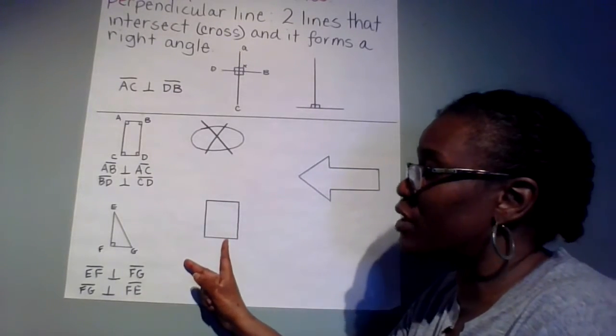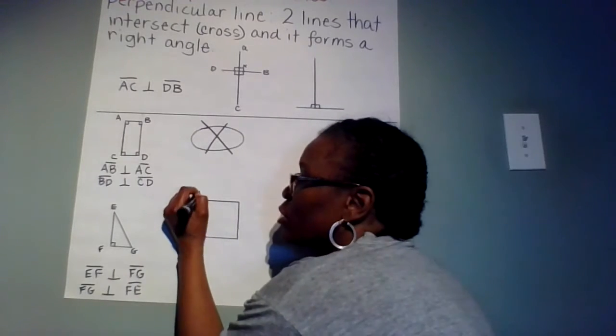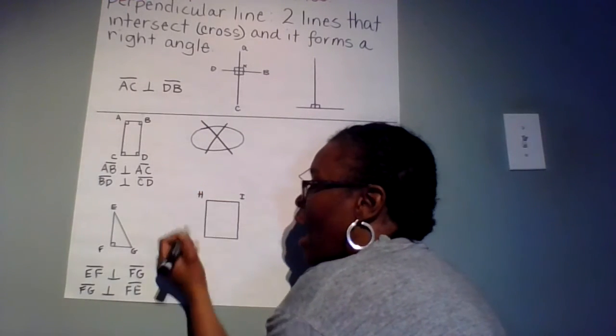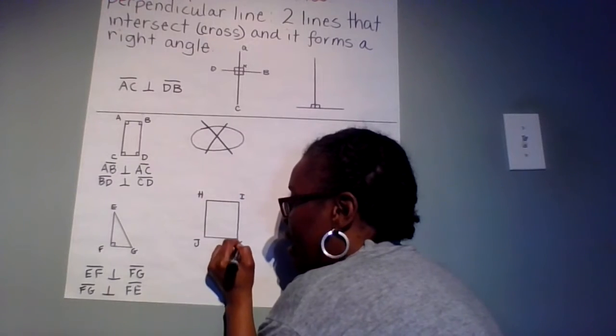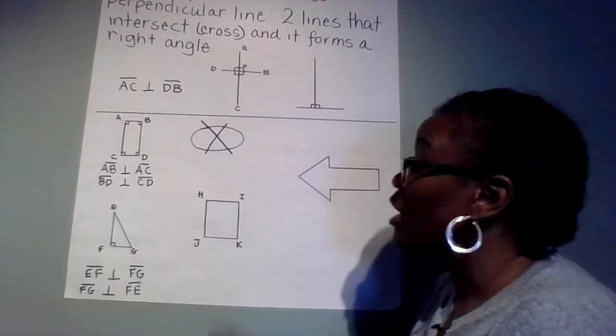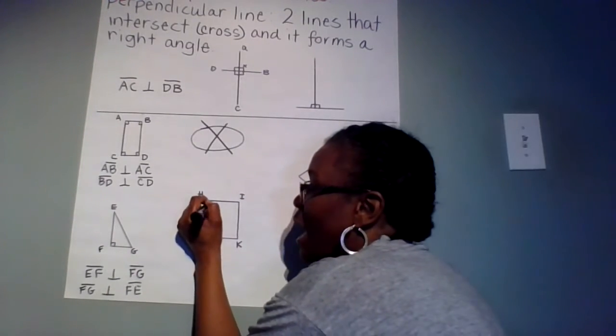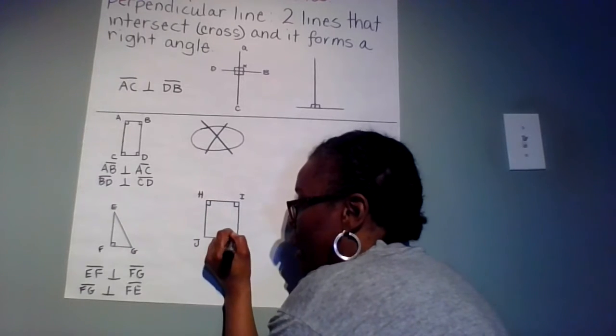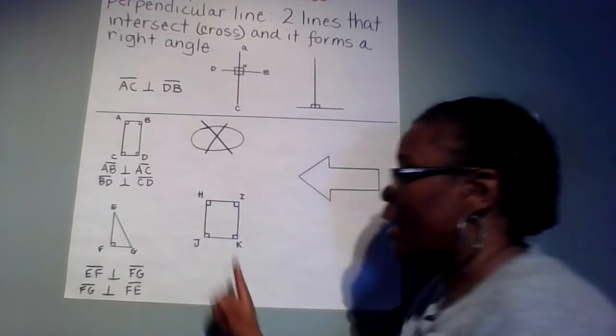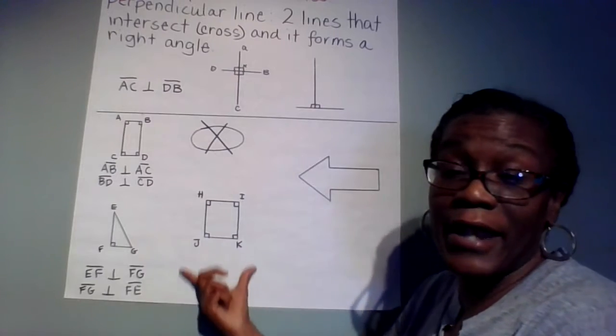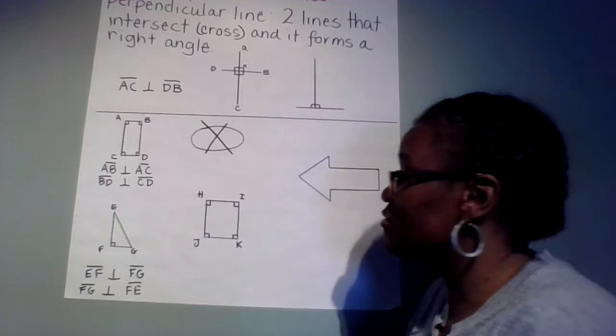Let's come down here to my square. Let's use some different letters. I'm going to use H, I, J, and K. Yes, I have perpendicular lines. These are right angles. I can put the little square, and now I can identify them.